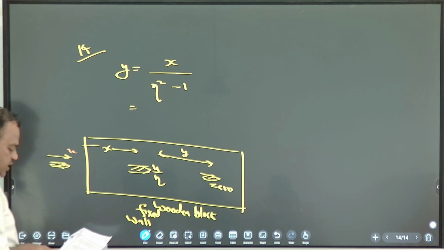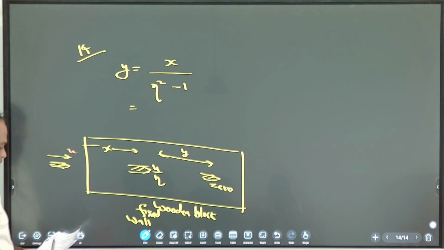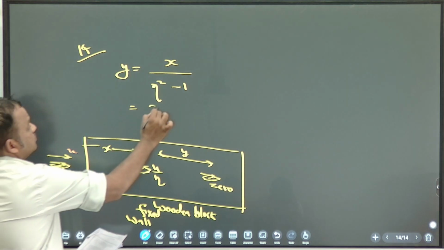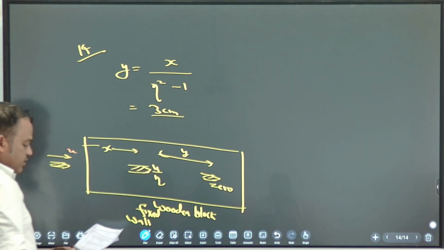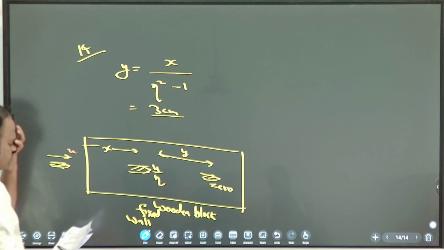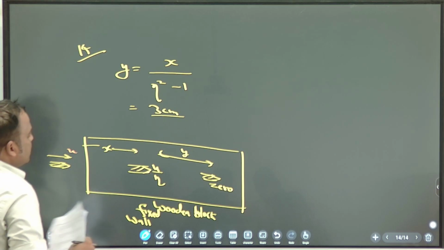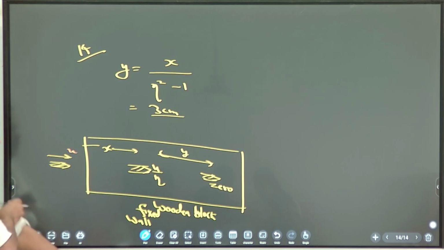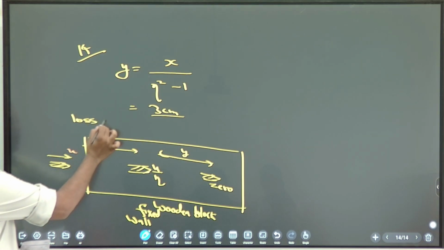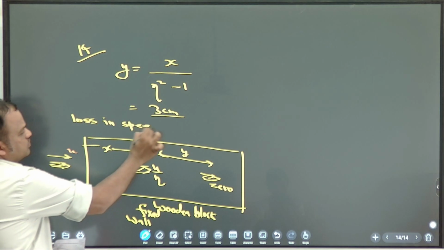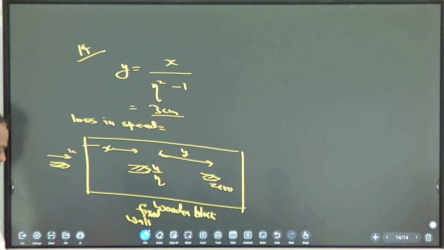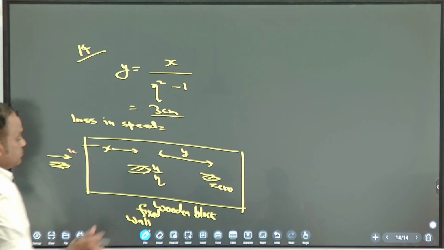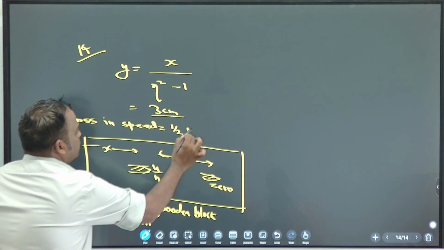So what is the answer? X is given as 3. And eta: how much is the loss in speed? Loss is half, 1 by 2 u.